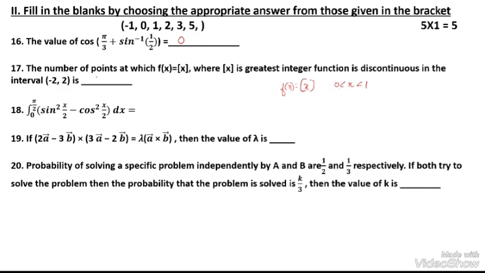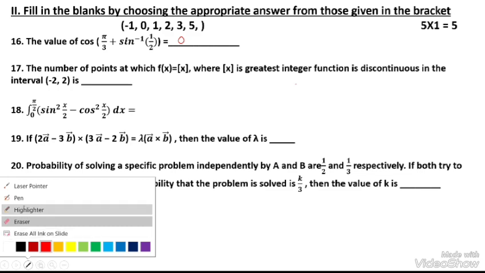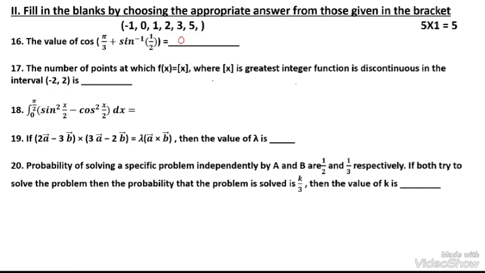Now, the number of points. Here I will take the discontinuous points in the open interval minus 2 to 2.